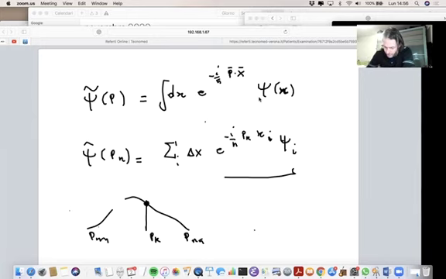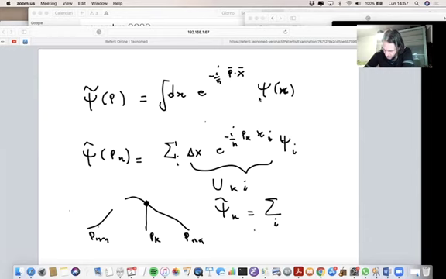So if I look at this as a matrix in space k i, this is really that psi tilde k is equal to the sum over i of u_ki psi_i.